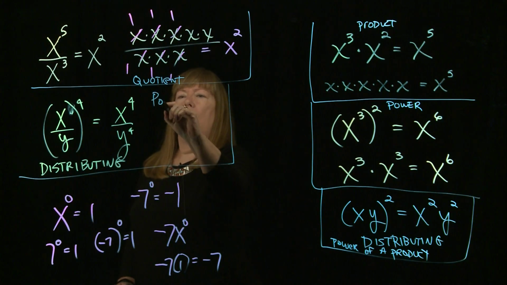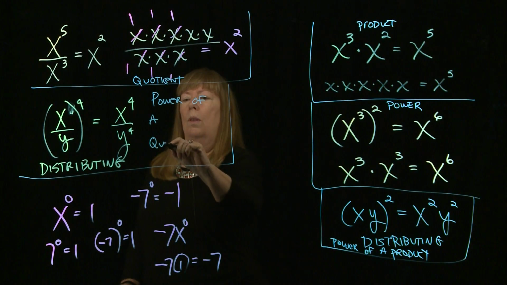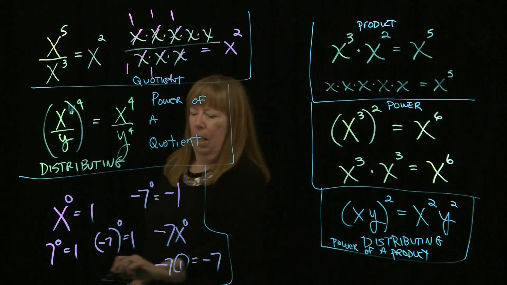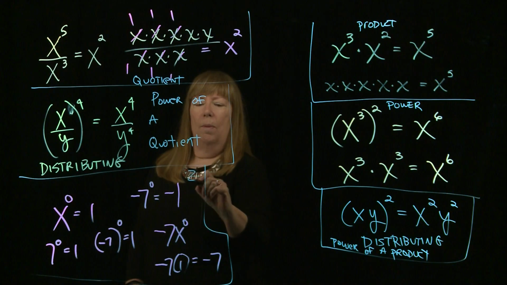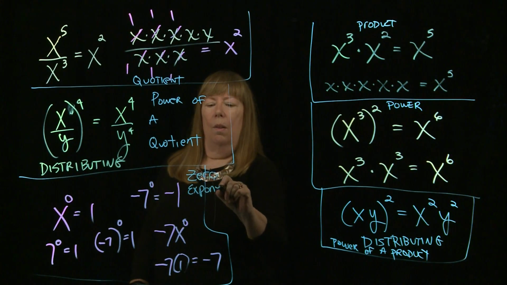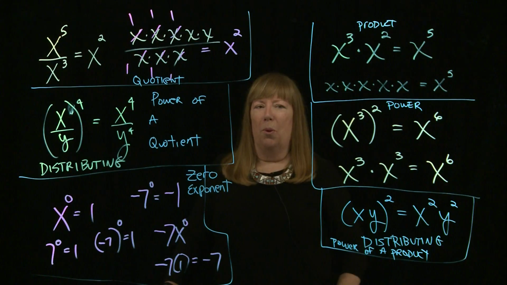Power of a quotient. And finally, the zero exponent rule. Six of the first 7 rules for exponents.